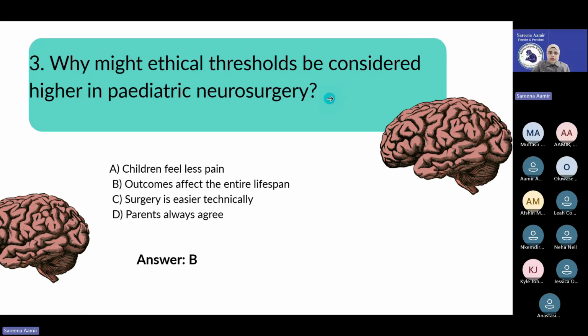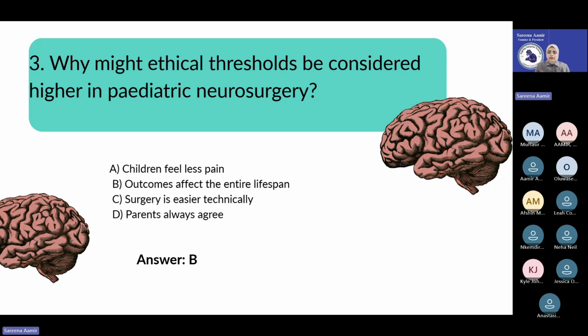Yes, B is correct, because obviously a pediatric patient will have their whole life ahead of them. So their outcomes need to be very carefully considered, more so than in adult neurosurgery.